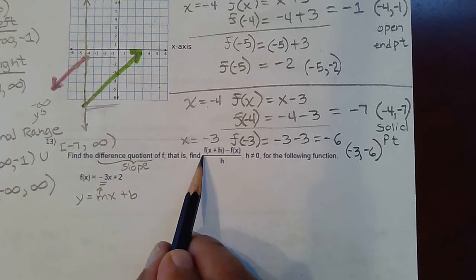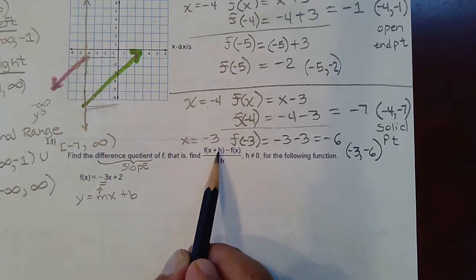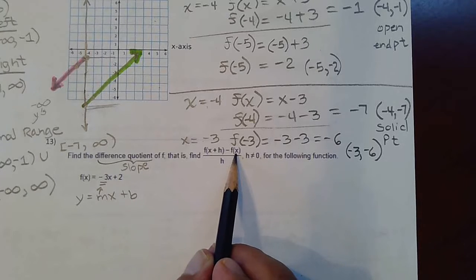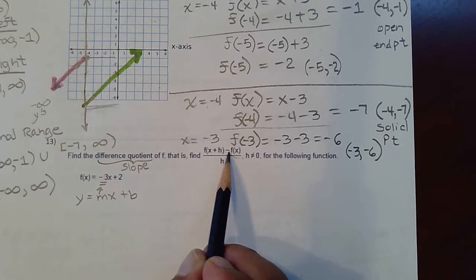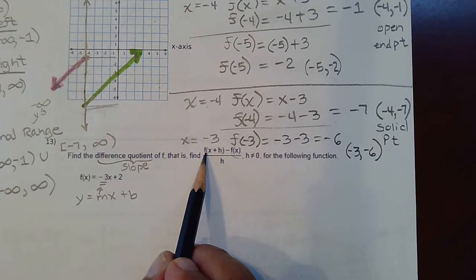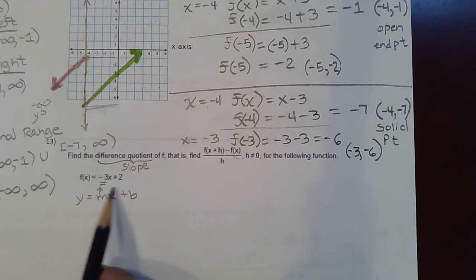So when we're doing this, we're going to follow what this says. It says, take the function and plug in x plus h. Then also take the function and plug in just x. In other words, the original function, and subtract what you get when you do both of those things. So let's do this part first. Let's take the function, and everywhere there's an x, we'll plug in x plus h. Here's your function.